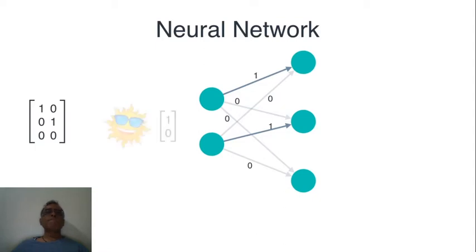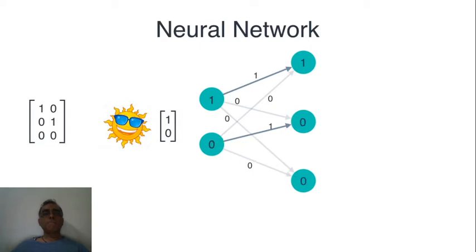And how it works is that if you take the vector, for example, corresponding to a sunny day, which is 1, 0, then this vector goes inside the first layer of nodes, and then the value of the node is multiplied by each of the edges and then added on the right.